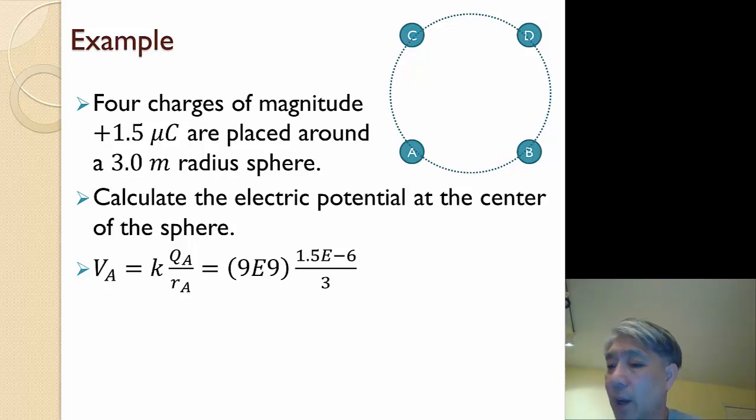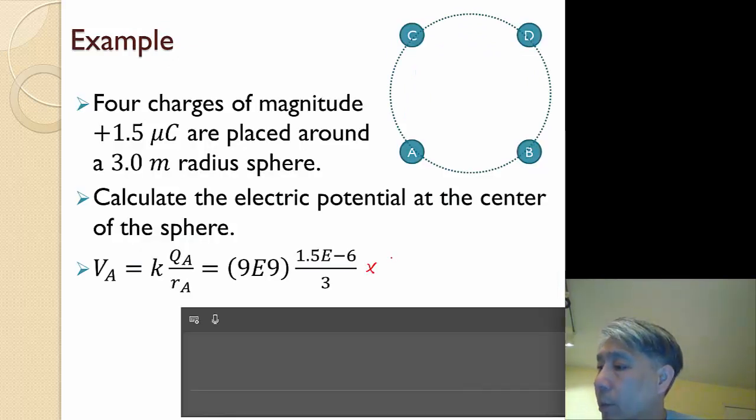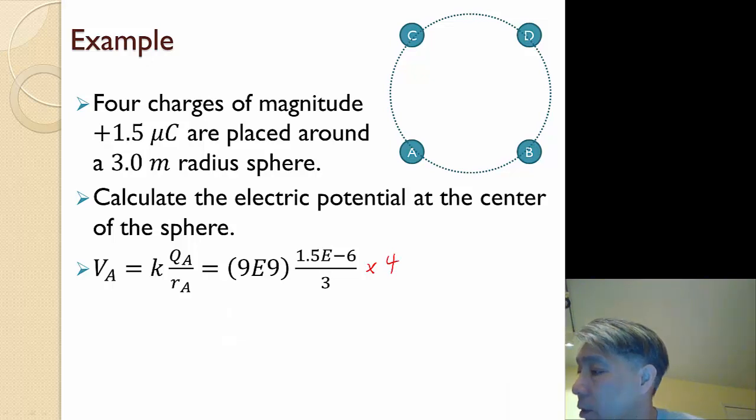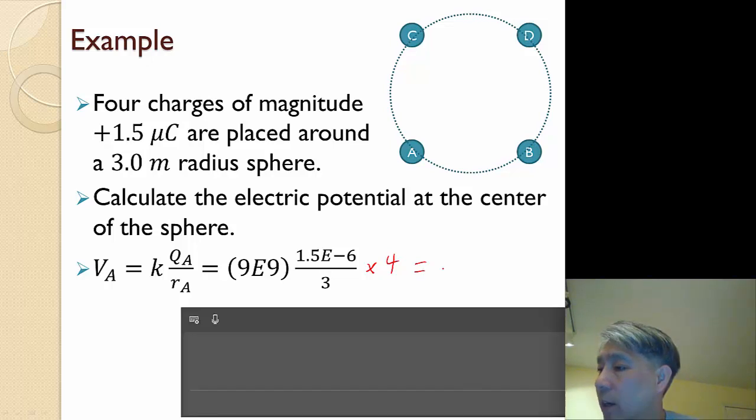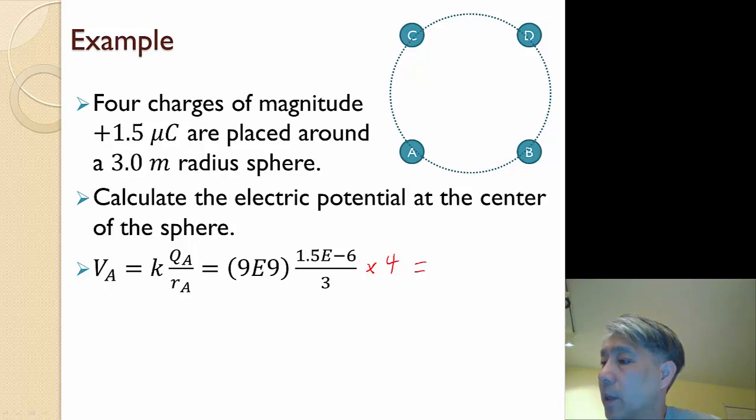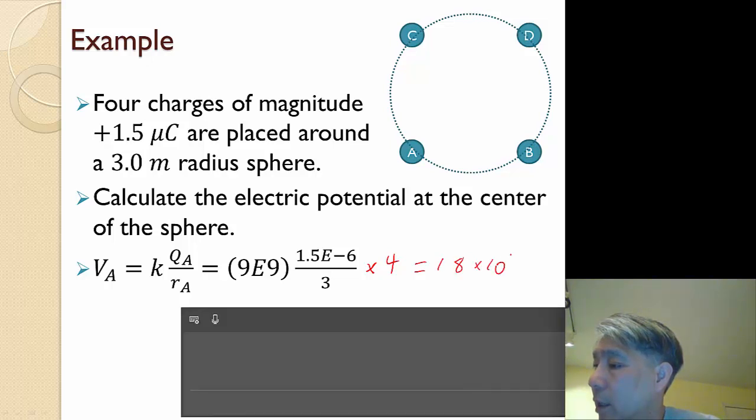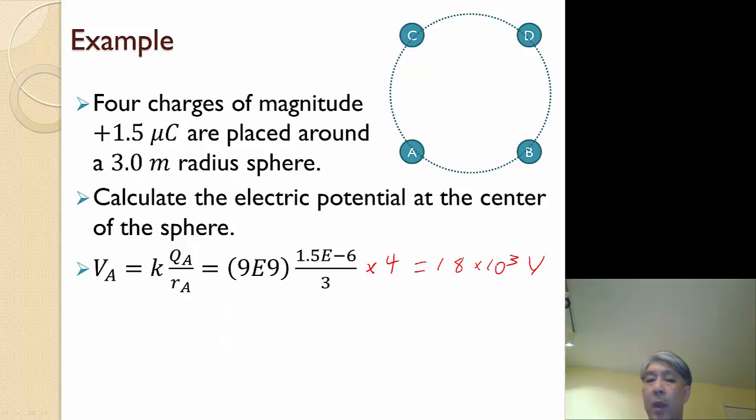To find the net, all I have to do is take this and multiply it by 4, because I don't really need all of them. If I do that, I'll find that I end up with a value of 18 times 10 to the third volts.